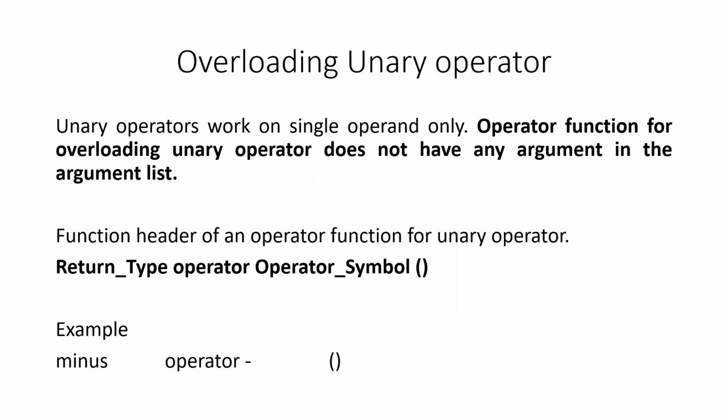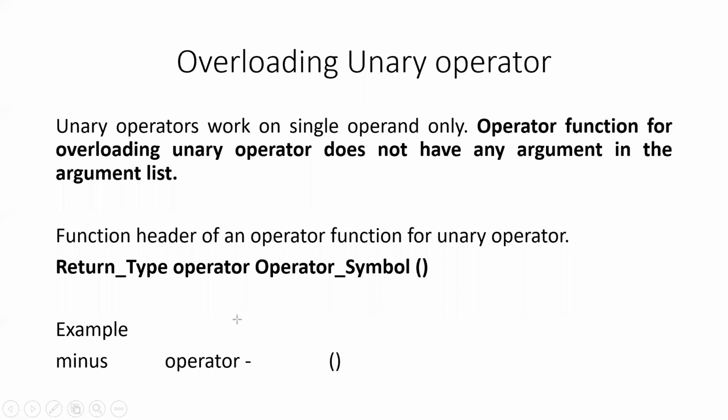A unary operator is one that works on a single operand only. The operator function for overloading a unary operator does not have any argument in the argument list. So how do you know that this is a unary operator that you are overloading? A unary operator does not have any argument, so the argument list of a unary operator will always be empty.